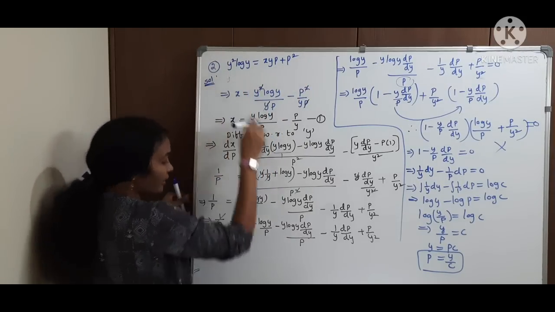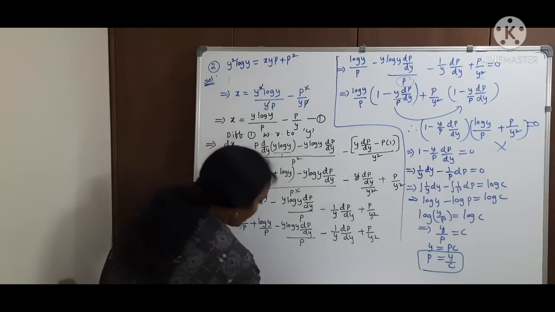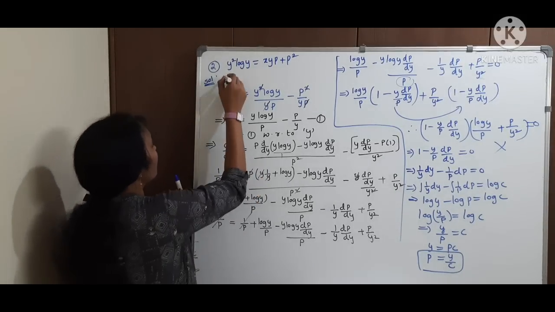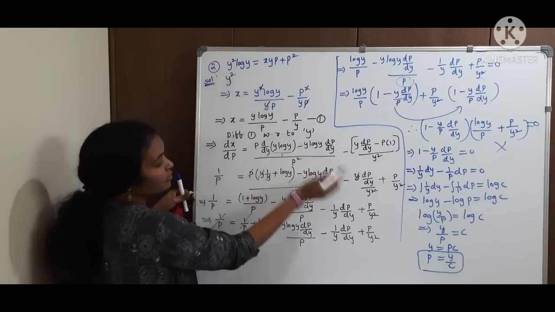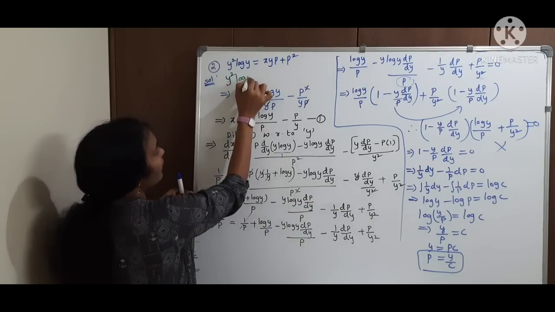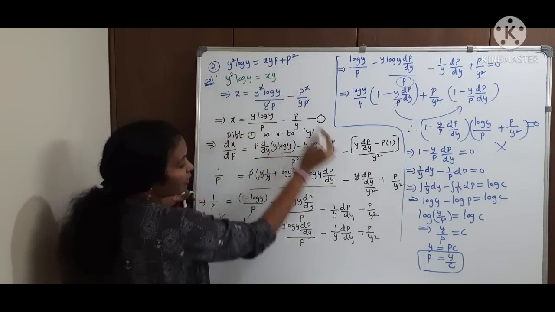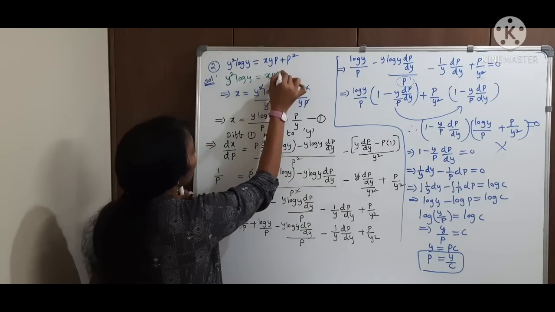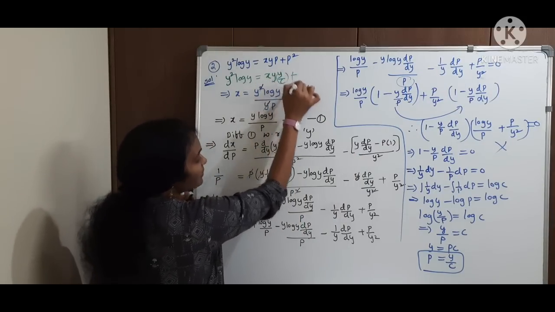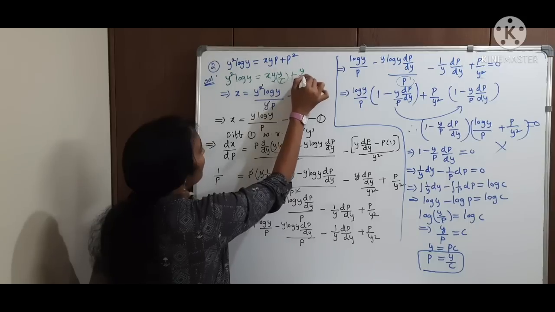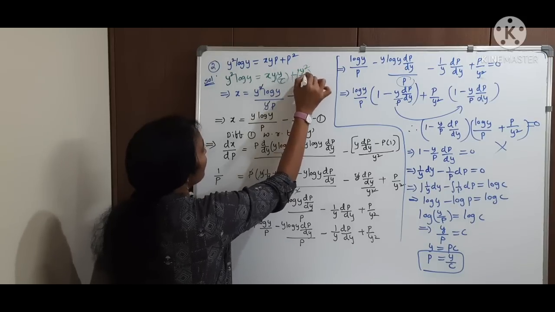y square, one second, y square of log y is equal to xy. But we know that p is nothing but y by c, so p square is y by c whole square, y square by c square.